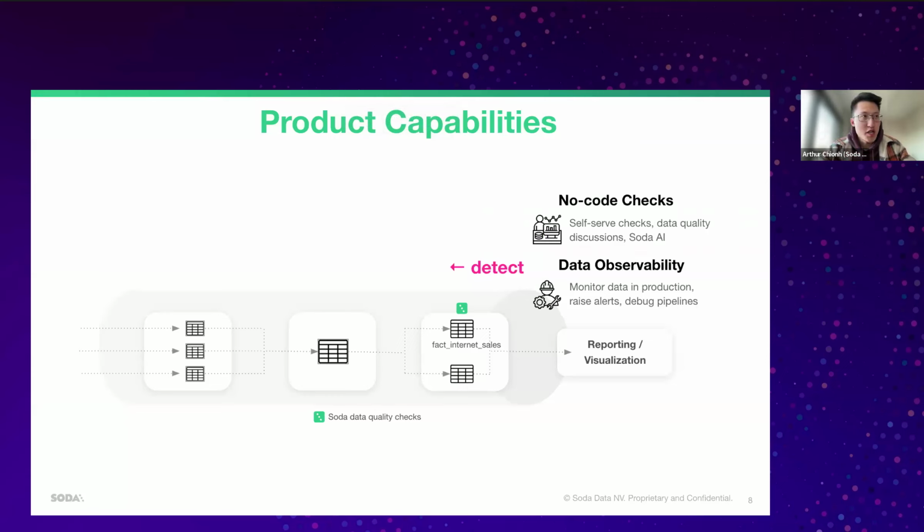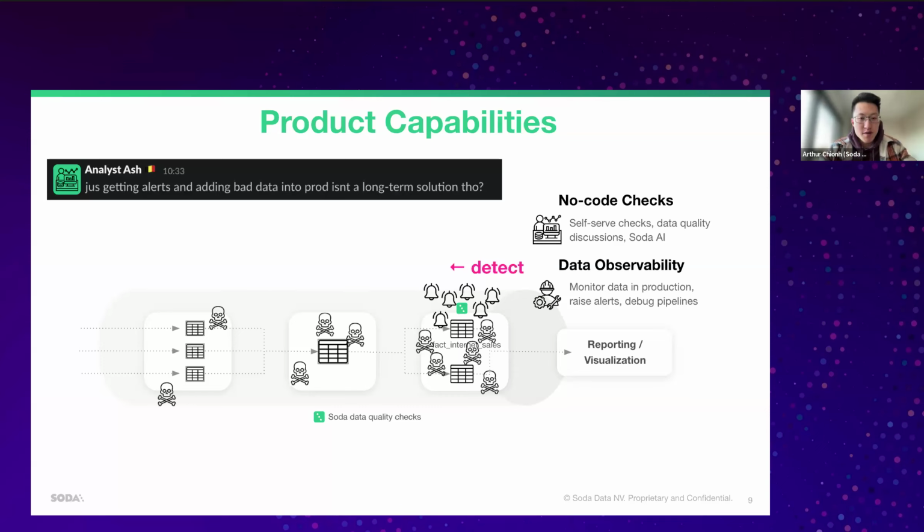And not just data quality checks, but they can also create discussions around these data quality checks to detect bad quality data. There's also, with these data quality checks, data observability, which allows users to monitor data in your production data warehouses and also to create notifications and alerts around these data quality checks so that the right people can debug and fix the data pipelines that are causing such bad quality data.